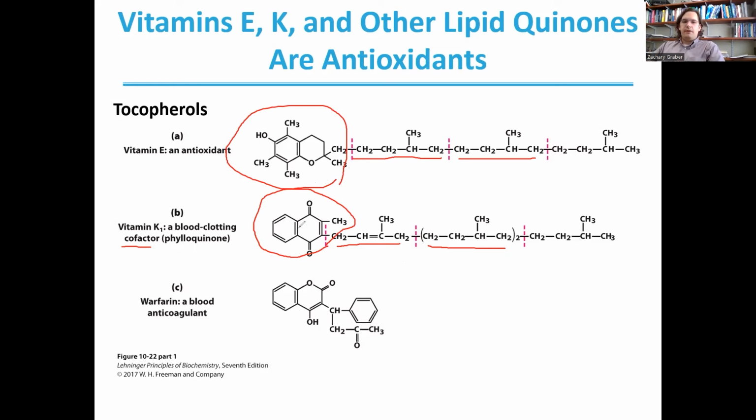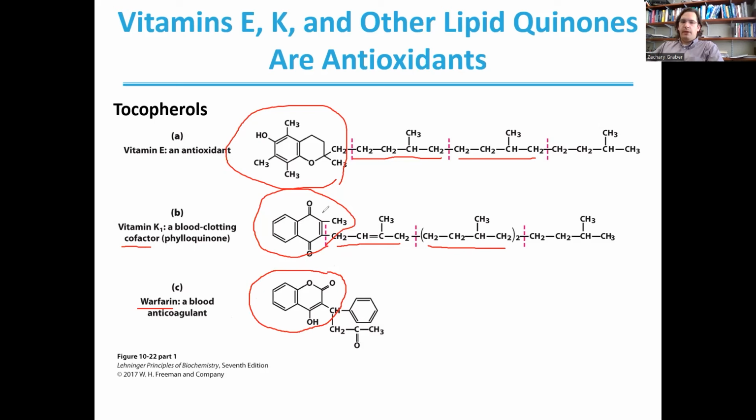But this is where most of the interesting chemistry will occur for the actual behavior of our vitamins. So you'll notice that warfarin, which is a blood anticoagulant, actually targets that structure there. So you see it has a similar looking ring structure to try to bind to vitamin K enzymes and prevent the recycling of vitamin K and in order to prevent blood clotting.